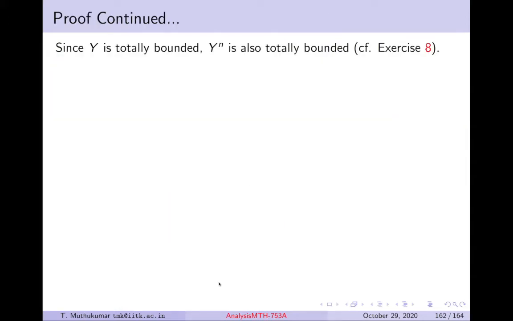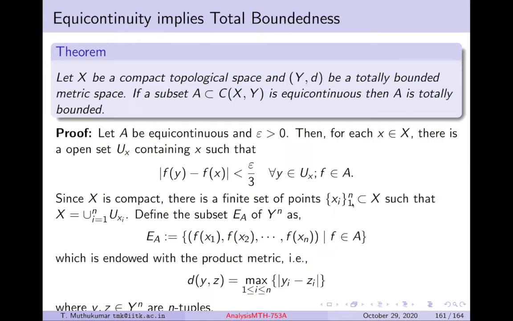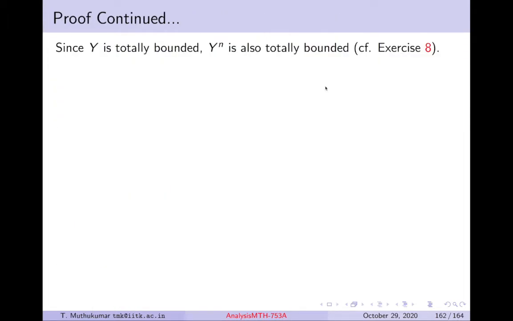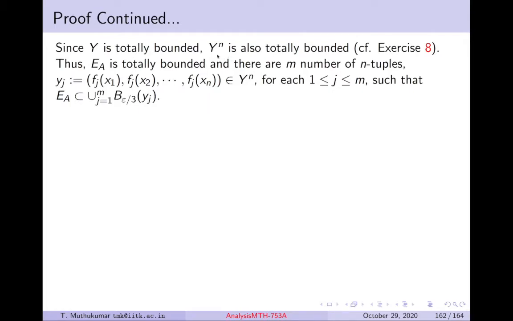Now we have assumed in the theorem that (Y, d) is totally bounded, and I have given you an exercise that if Y is totally bounded, its Cartesian product is also totally bounded, which means Y power n is totally bounded. So E_A is a subset of Y power n, and E_A is also totally bounded.